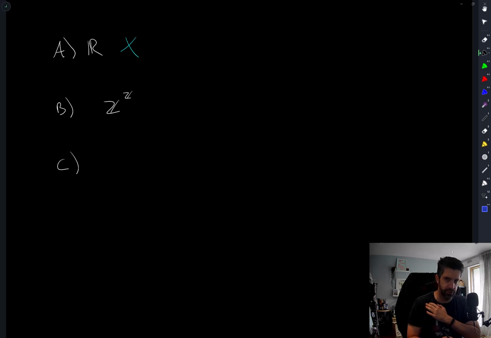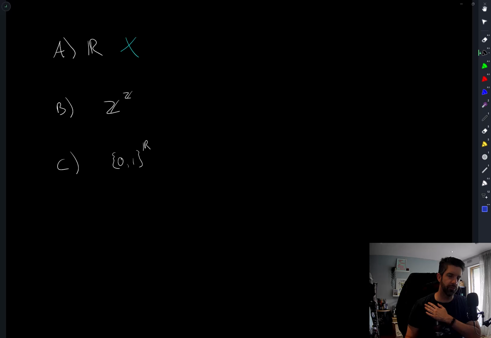Set of all functions from R to {0, 1}. This is the same as the power set of R, is it not?